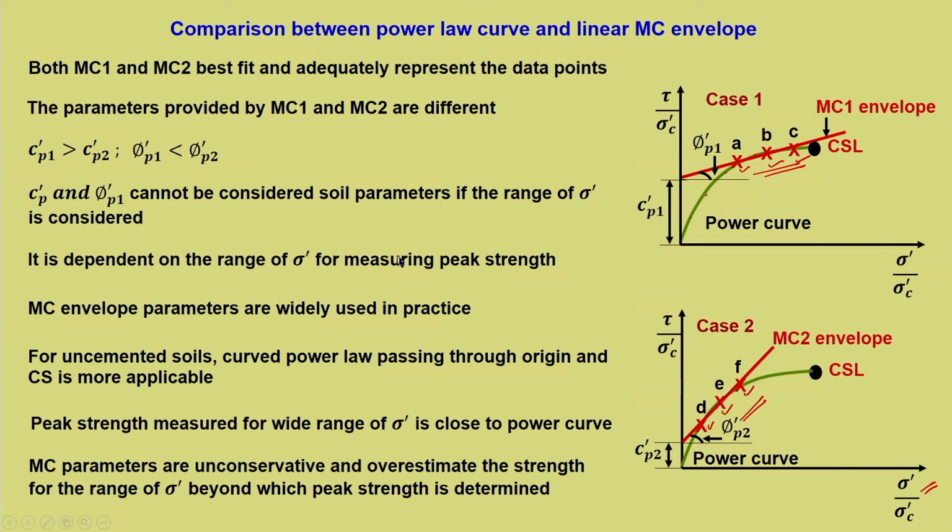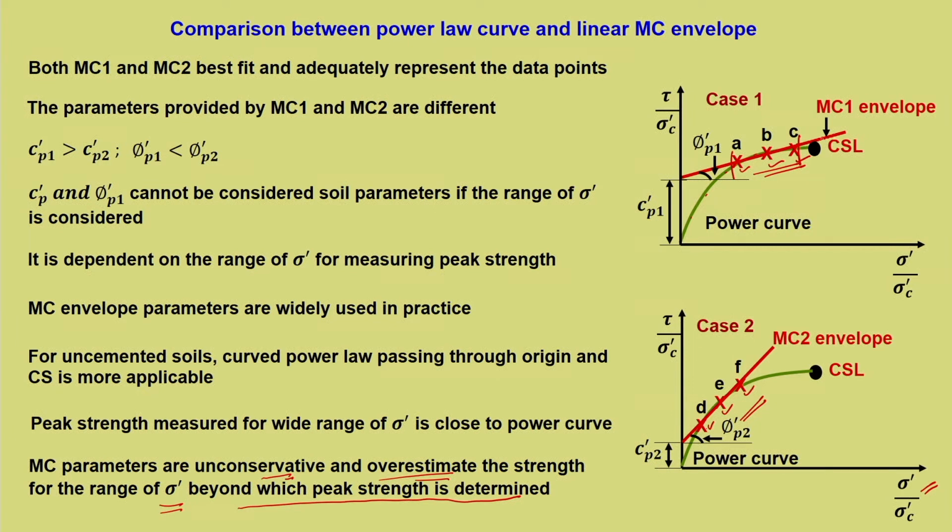Now, we can see another important aspect. Mohr Coulomb parameters are unconservative and overestimate the strength for the range of sigma dash beyond which peak strength is determined. Please understand this. Let us take the example here. For these three data points, it fits very well. If this is the range considered, nothing is wrong; it goes hand in hand with the power curve.